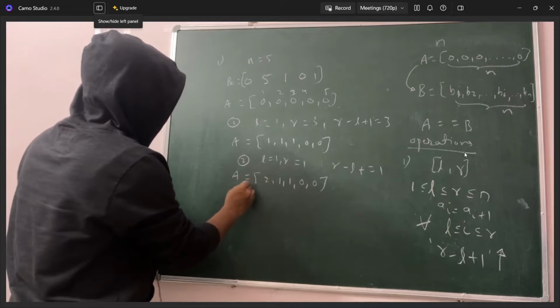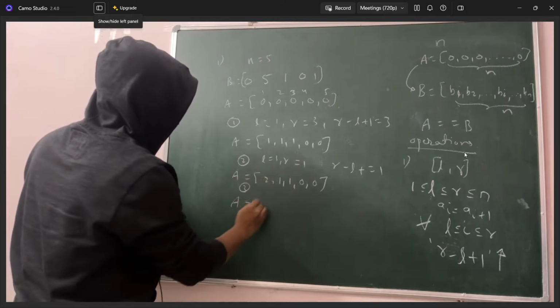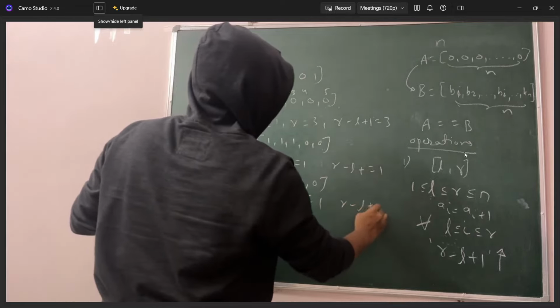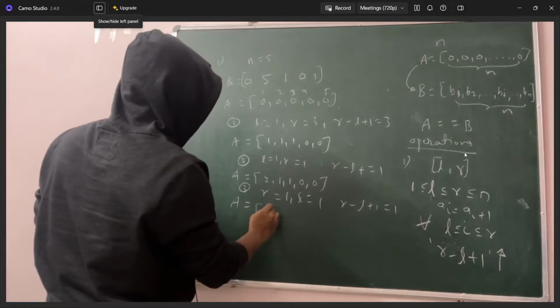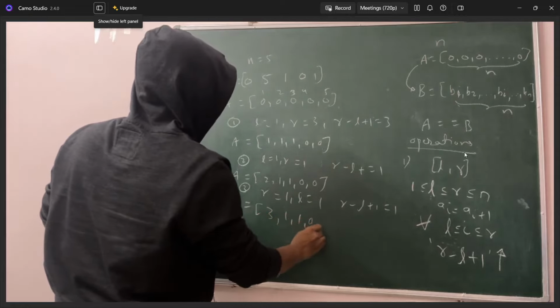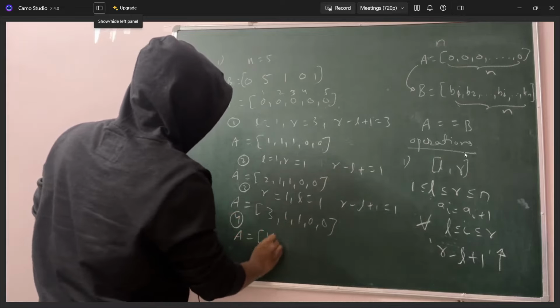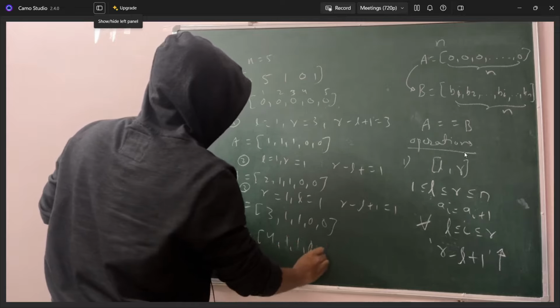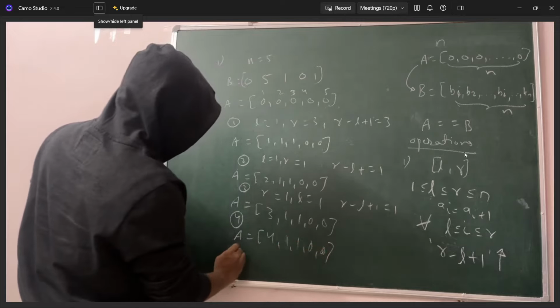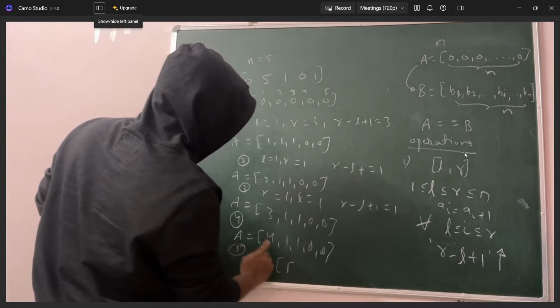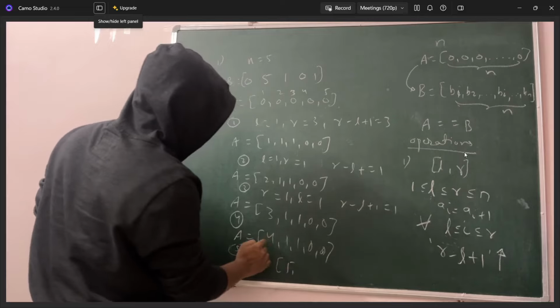Even if you do the third operation, let me do it again. Choose R equal to 1, L equal to 1, R minus L plus 1 is going to be 1 only, and then your array will look something like this. Now when you do the fourth operation, your array will look something like this. When you do the fifth operation, your array will look something like this. I'm choosing this only, R and L both are this only.